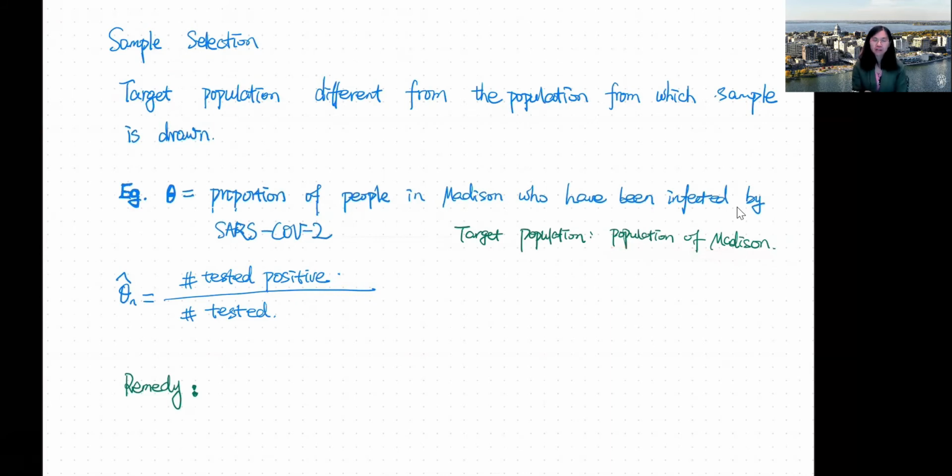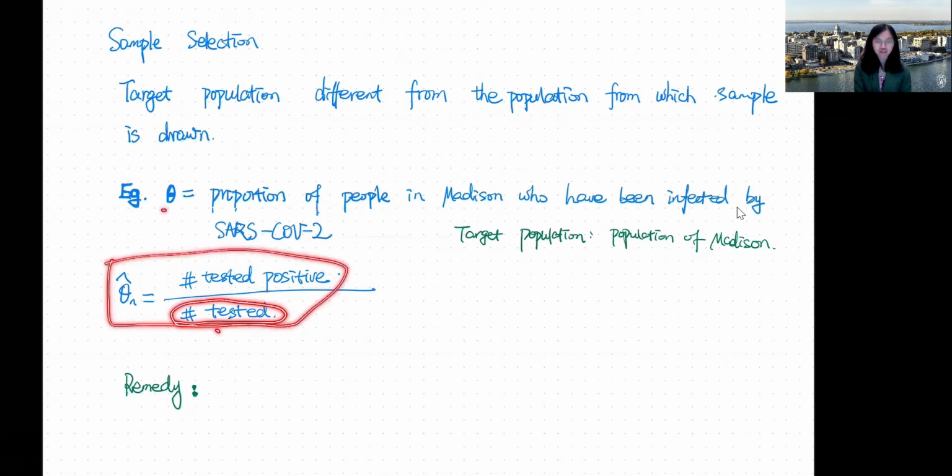But since not everybody in Madison has been tested, we do not know the proportion of people in Madison who have been infected. And can we use theta hat, that is the positive rate among all tested, the number of people who have been tested positive divided by the number of people who have been tested? Is that a good estimate for theta?